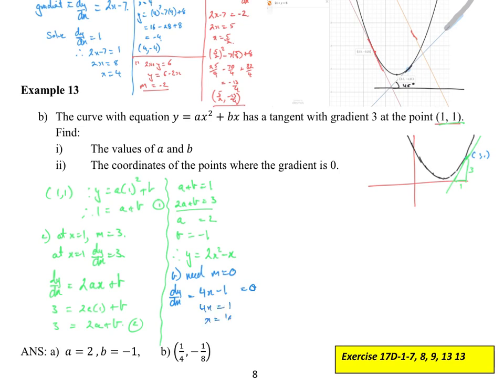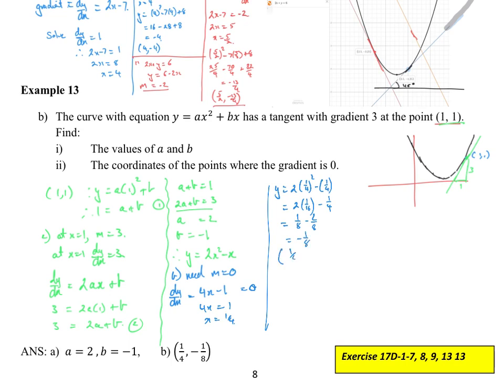So x is equal to a quarter. The coordinate: at x equal to a quarter, y will equal, substitute a quarter into the rule, 2 times 1/4 squared minus a quarter, which is 2 times 1/16 minus 1/4, which is 1/8 minus 2/8, which is negative 1/8.